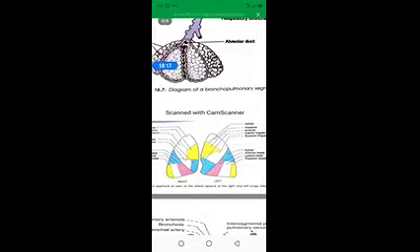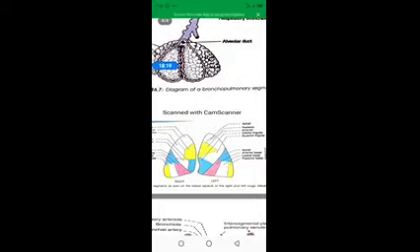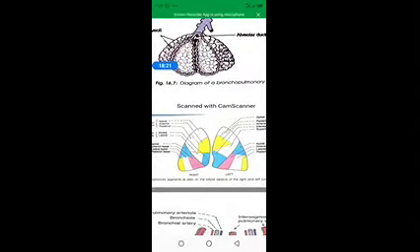Now the lower lobe is divided into five bronchopulmonary segments, separated by the oblique fissure from the upper lobe. So apical, anterior basal, posterior basal, lateral basal, medial basal, all the same as the right.